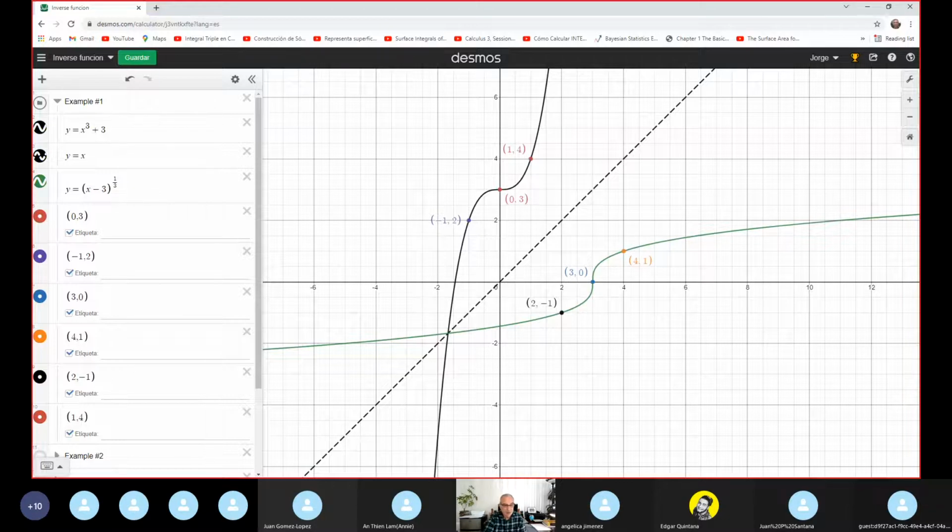Now the checking. The checking is to compose them in this order or in this order to verify that they cancel each other. This is the inverse first. So inverse inside this is like a square root squared.